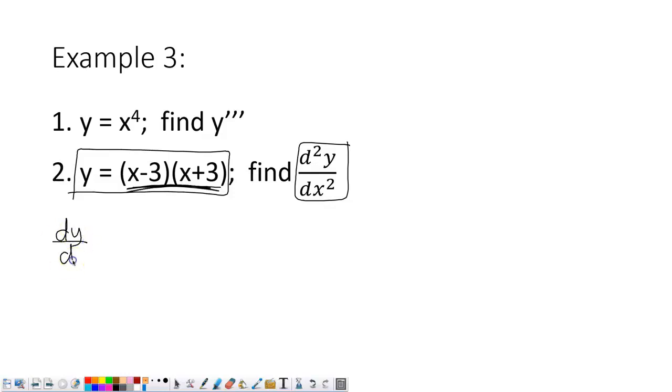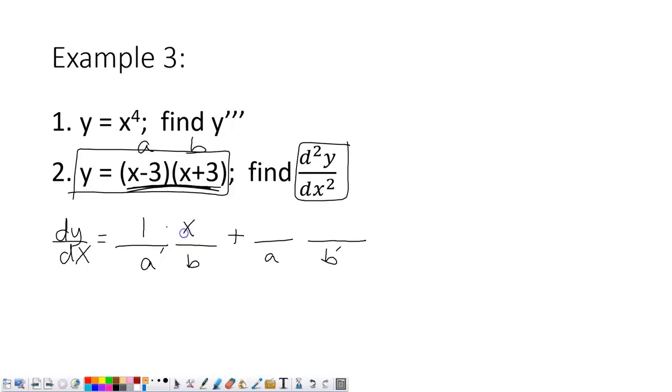So let's find the derivative. The first derivative is, okay, now we get to remember how to do product rule. It's different than quotient rule. It's blank times blank plus blank times blank. AB, AB, prime, prime. Okay? So we're going to call the first one A, the second one B. A prime is 1.